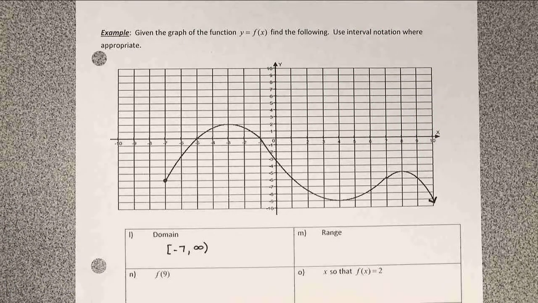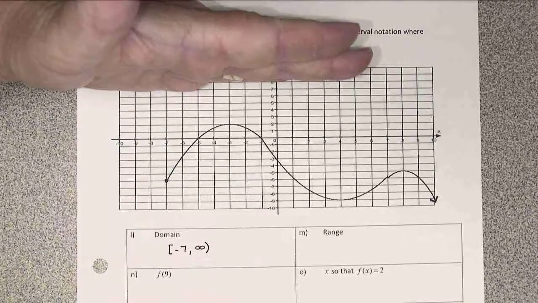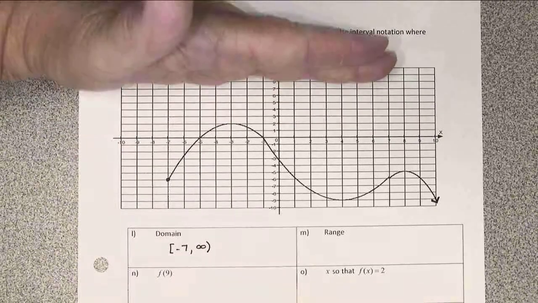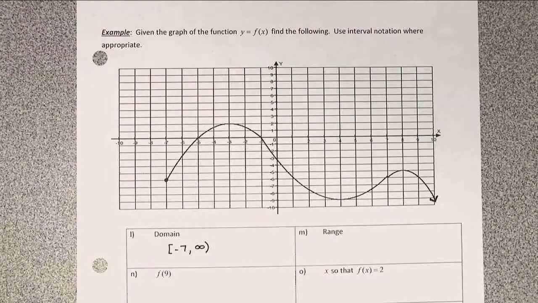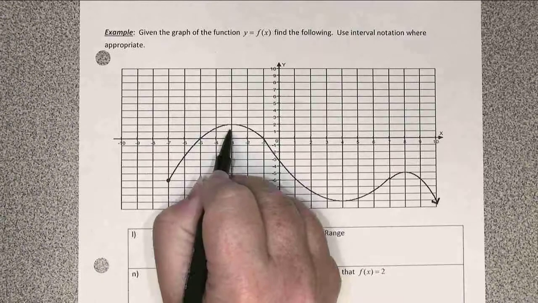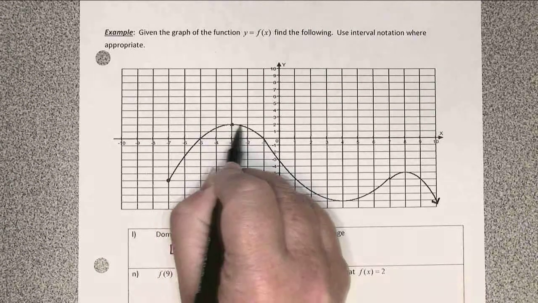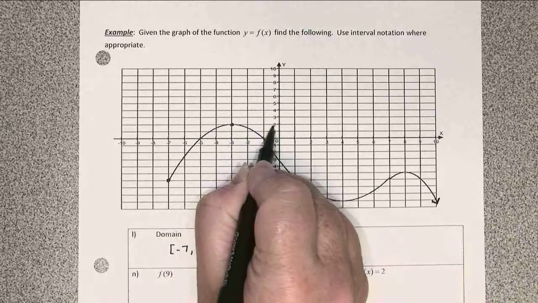The range. In this case, when I think about the y values, there are not all possible y values on this graph either. Right? There's no graph up here for these larger y values. In fact, the largest y value on this graph occurs right here at y equal to 2.